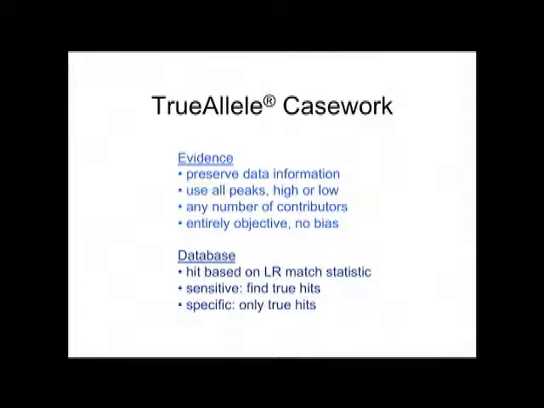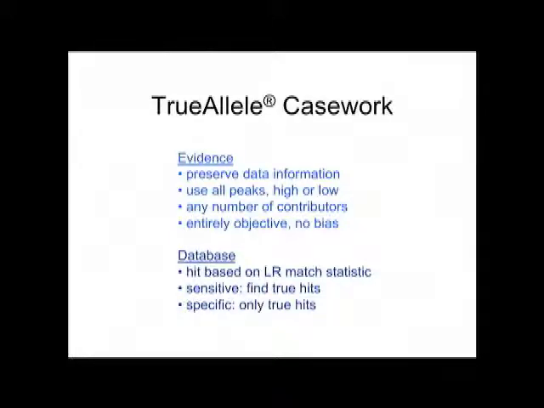And in terms of never seeing the suspect before it reaches a conclusion, it's entirely objective. The process infers its genotypes solely from the data, only makes comparisons afterwards, and is not susceptible to that type of bias. On the database side, a genotype database makes hits based on computing a match statistic.